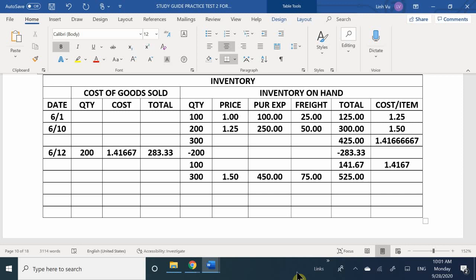Okay. And now what do we have to do now? Yes, we got to calculate a grand total. So in this case, what is 525 plus 141.67?